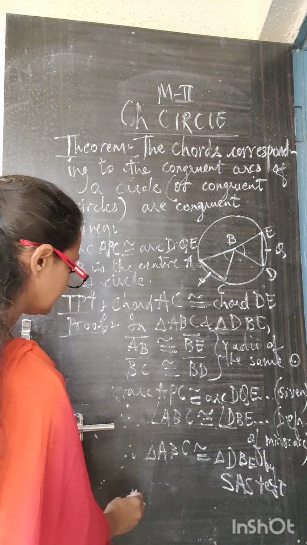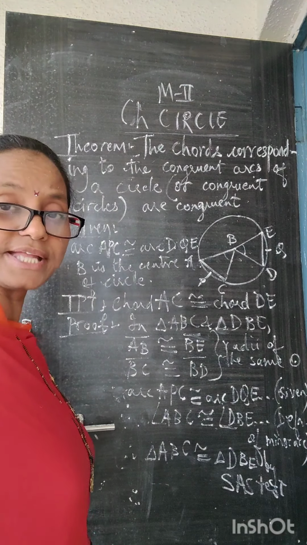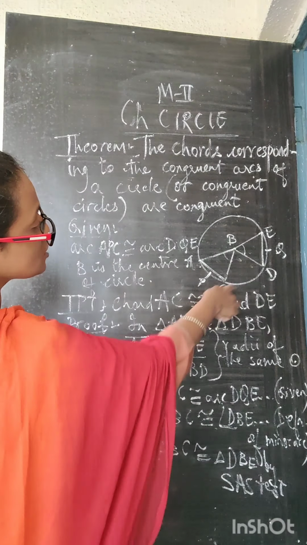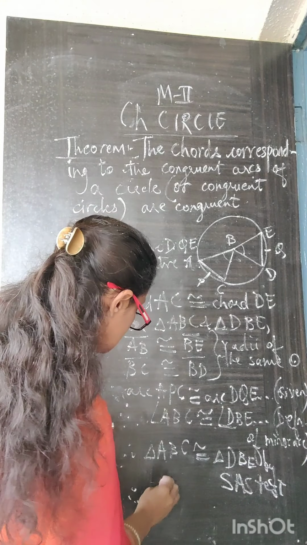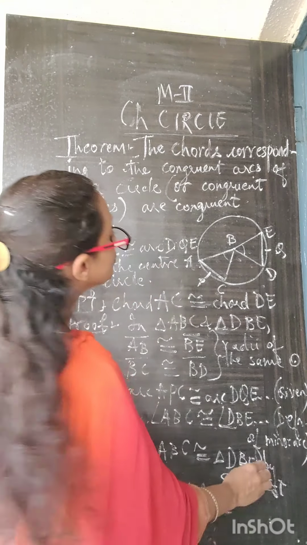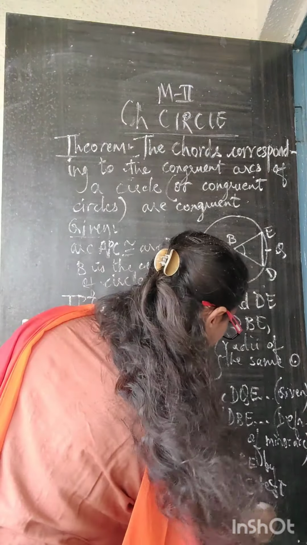And therefore, which sides will be congruent if the triangles are congruent? Side AC is congruent to side DE, or you can say chord AC is congruent to chord DE, and that is what we had to prove.